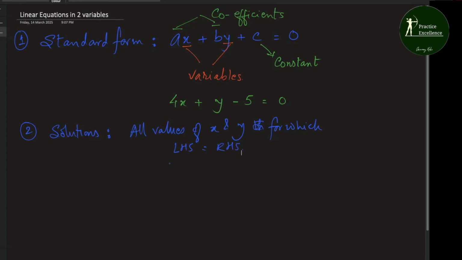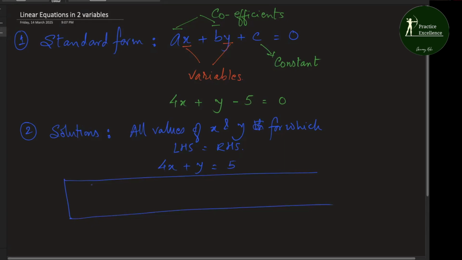So we can also write this equation as 4x plus y equals 5. So let us find out what are those values of x and y for which this equation holds.